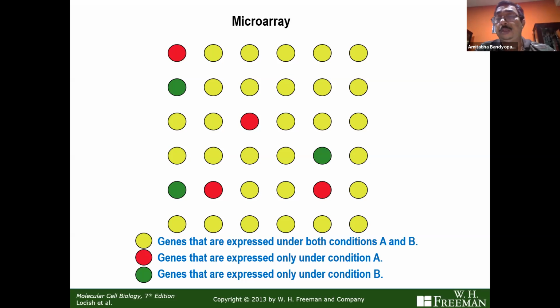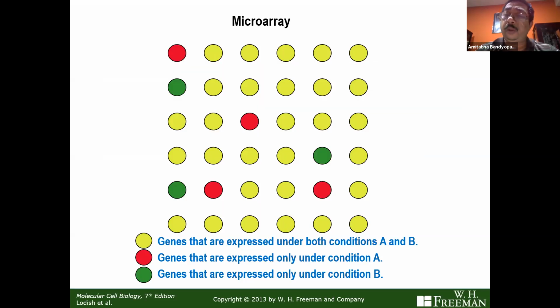Or say you want to know the genes that are regulated by a particular transcription factor X, then the green ones are the genes that are produced when X transcription factor is present in your system, and the red ones are the ones that are normally present, but when X is there in your system, those are no longer present. Okay, so these are different kinds of analysis that you can do.